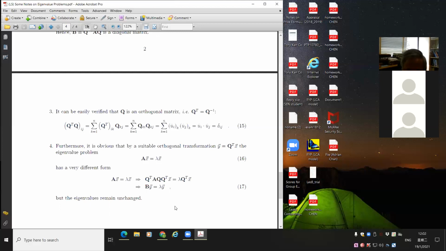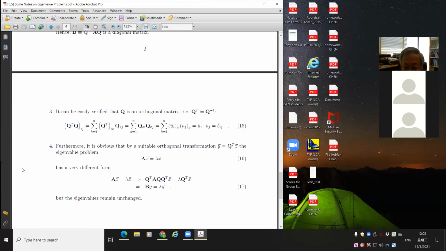And you will realize that after the transformation, it has a special name, unitary transformation, because in general it is complex. The eigenvalues will not be changed. So, as shown here, we can always try to simplify an eigenvalue problem by proposing a suitable orthogonal transformation.